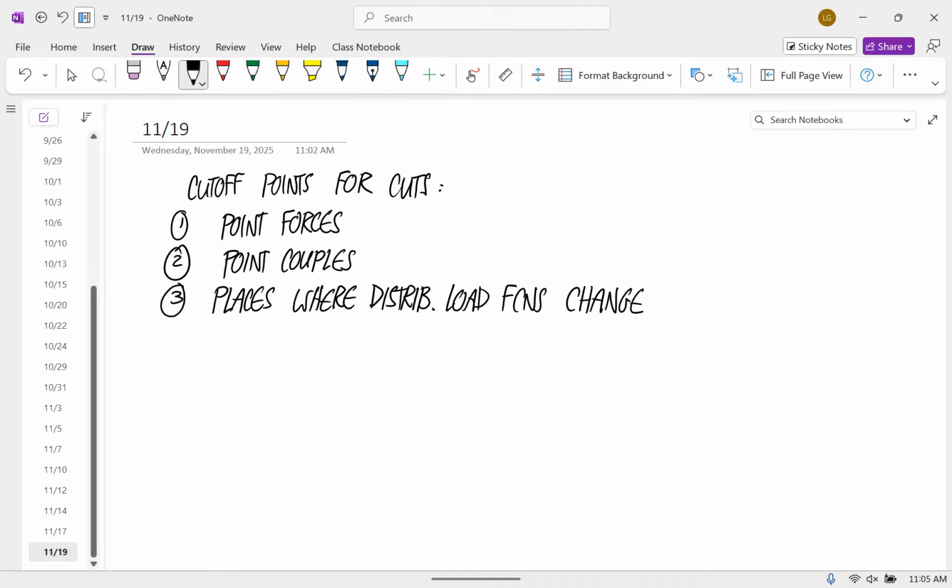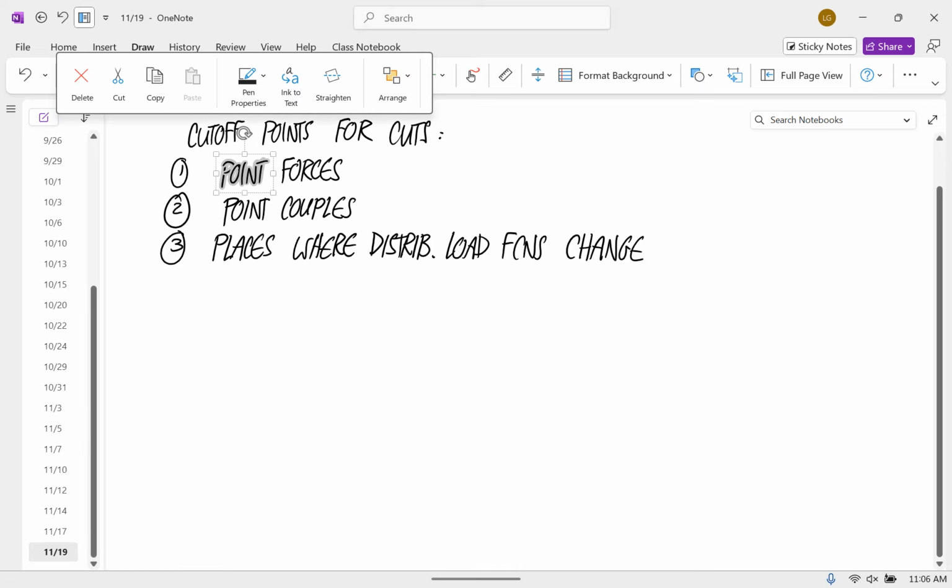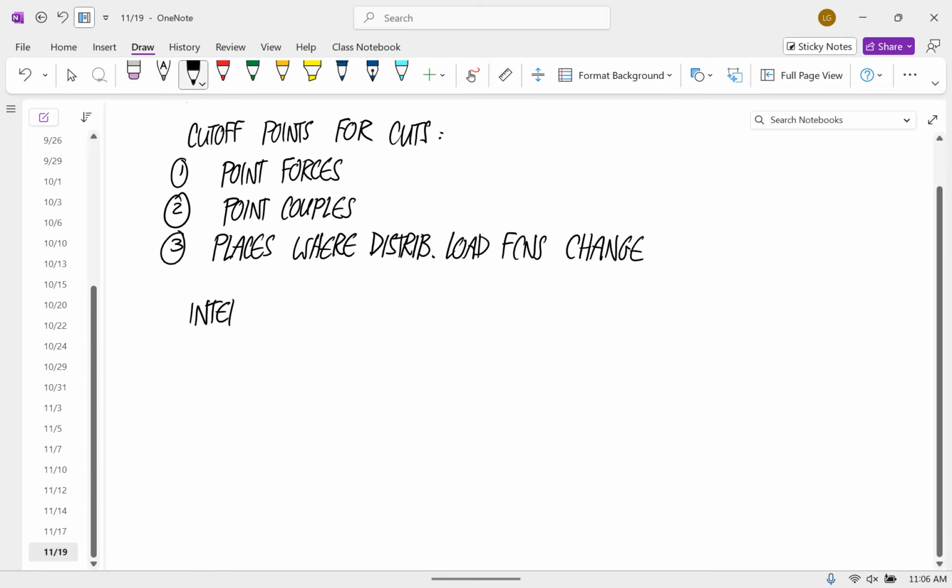Okay, so now we're going to talk about internal loads with distributed loads. So let's say internal loads in the presence of distributed loads.